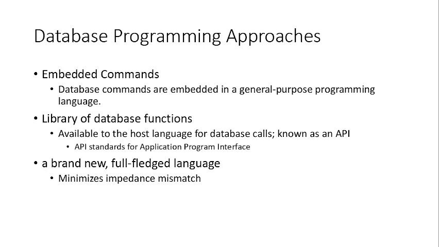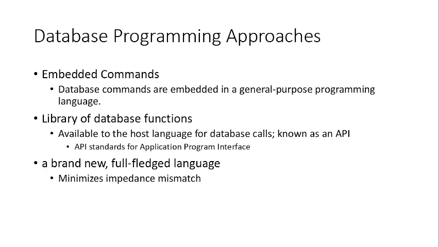And the second technique is that we can use a library of database functions or classes. A library of functions is made available to the host programming language for database calls, and that is known as an application program interface or API.